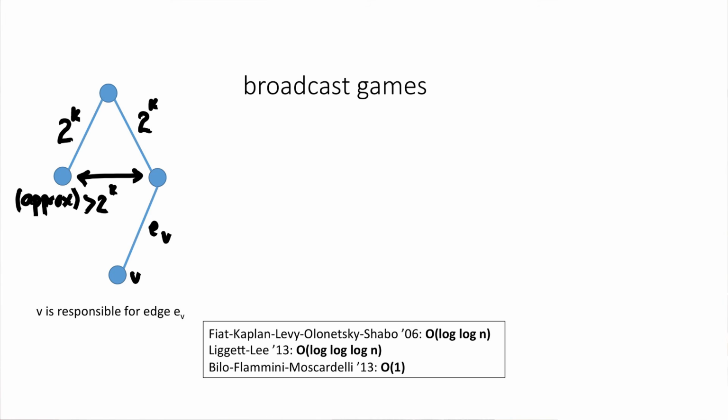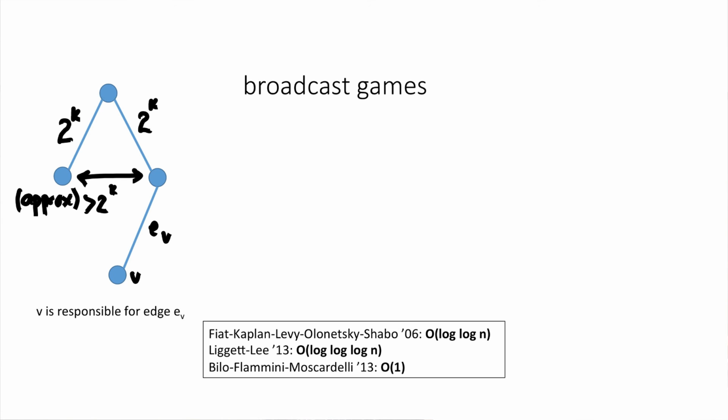Okay. So, this I do not want to go into the details of. Of course, this basic argument gives you only a factor of log n, and then you need to refine it, and all these papers do that. But the basic reason why it is a much simpler situation to analyze is that edges can be charged to vertices which can pay for them.